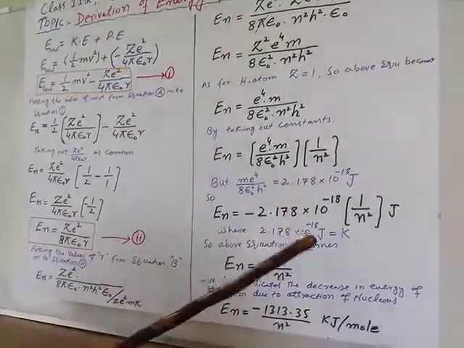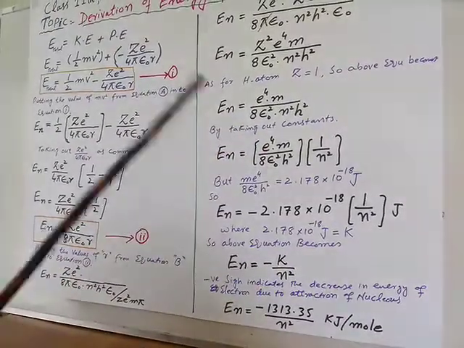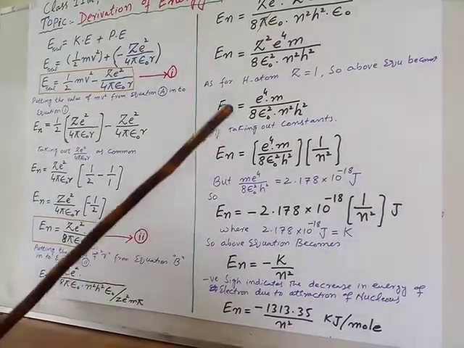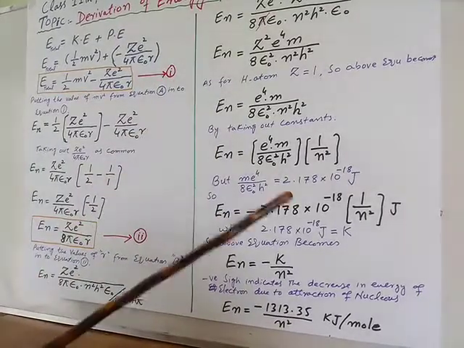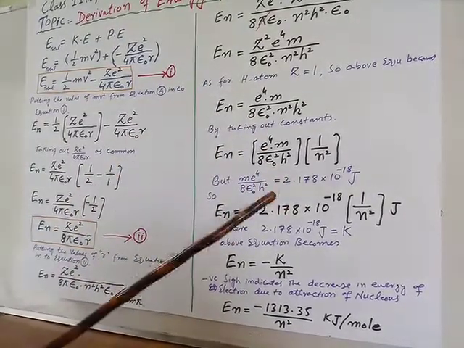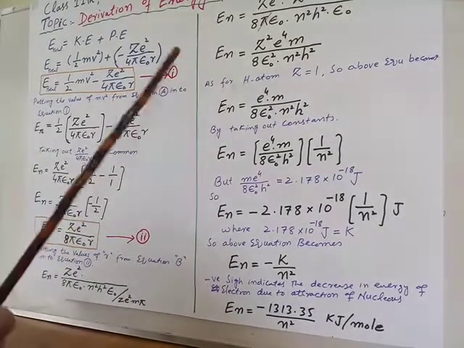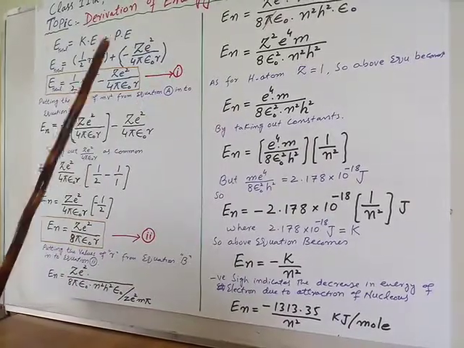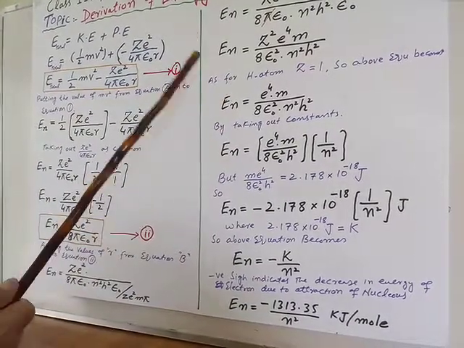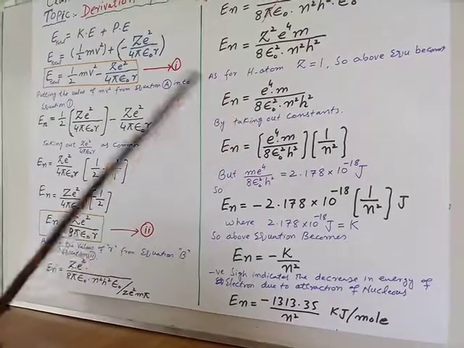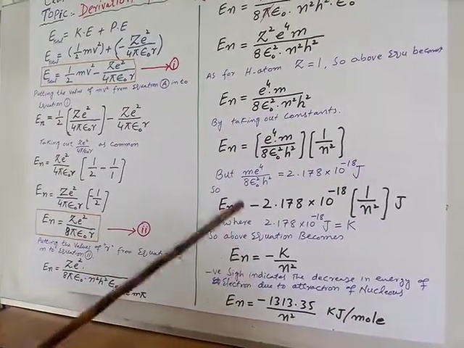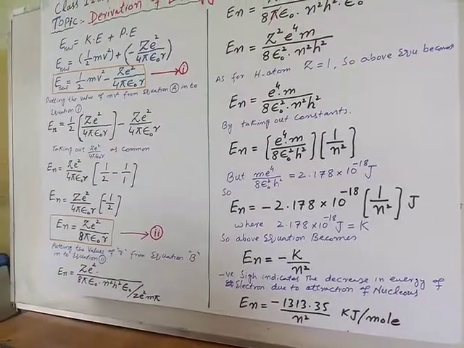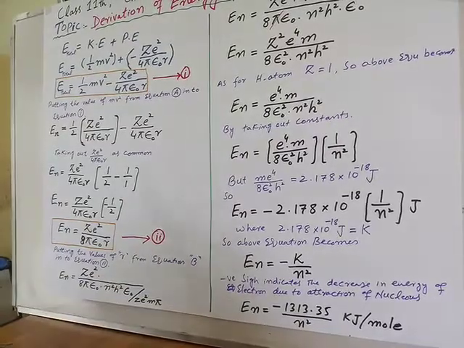The difference of energy between the first and second orbit is the greatest, and then the energy difference between the second and third is comparatively less, and between the third and fourth it is again much lower than the second and third, and similarly the energy difference between the fourth and fifth shell is lower than the third and fourth. So as we move towards the higher orbits, the difference of energy between any two levels progressively decreases.